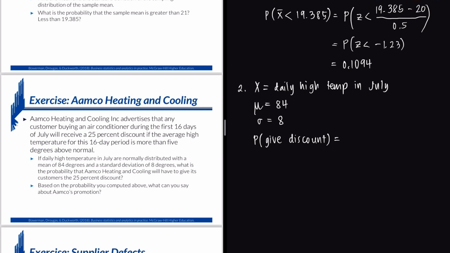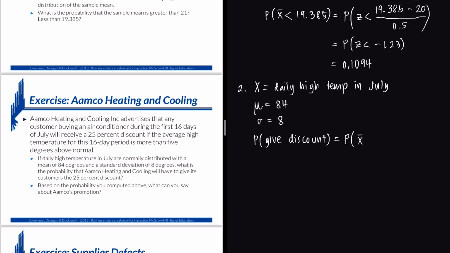So it's not about an individual daily high temperature being more than 5 degrees above normal, but it pertains to the average of the first 16 days. In other words, this pertains to the probability involving a sample mean.